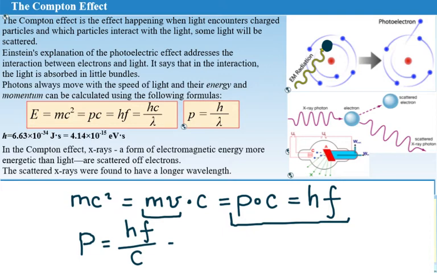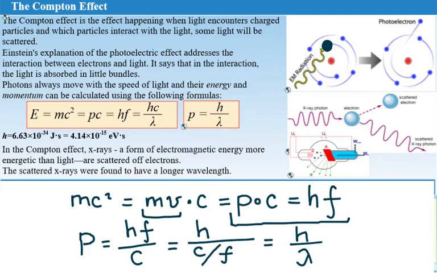I can also rewrite it as Planck's constant divided by c over the frequency, and c over the frequency gives me the wavelength. So here I have Planck's constant over the wavelength, and that is the wavelength of the X-ray.